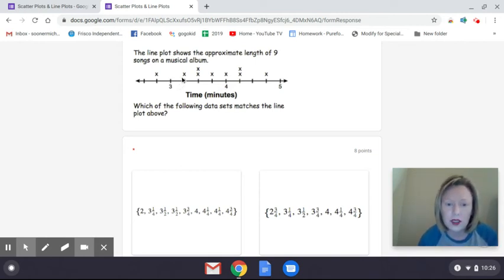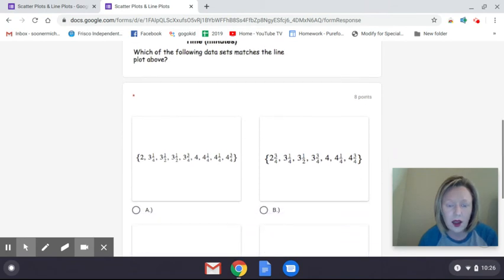If this was 1/3, 2/3, 3/3, that wouldn't work because I know that 3 and 3/3 is the same as 4. So now I'm going to try 1/4. So this would be 3 and 1/4, 3 and 2/4, 3 and 3/4, 3 and 4/4. So that actually works. So I know that this is 3 and 1/4. Below 3 would be 2 and 3/4.